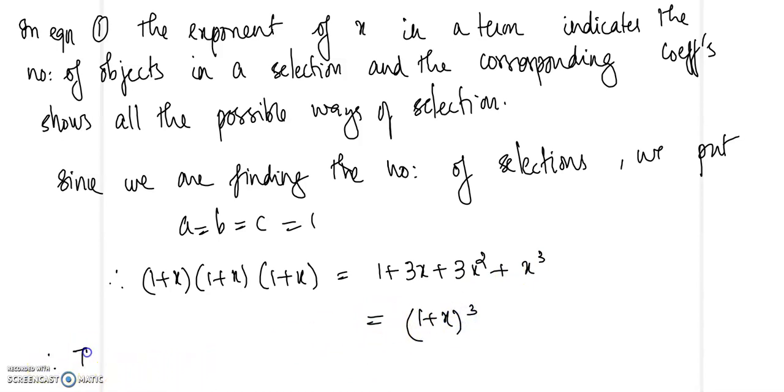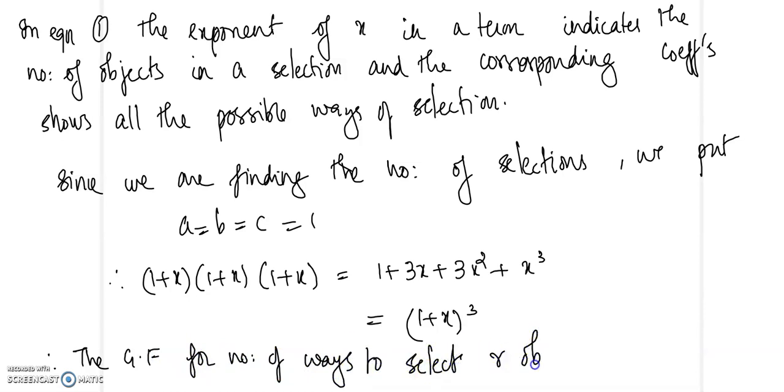Therefore, the generating function for the number of ways to select r objects from 3 distinct objects is 1 plus x whole cube.